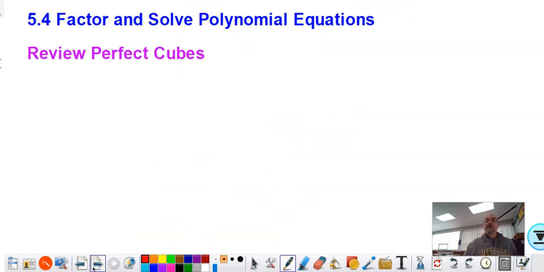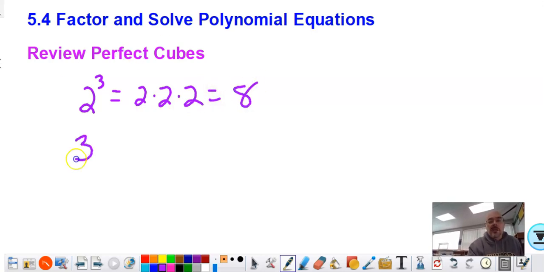Moving on. All right, we need to review some perfect cubes because we're going to be doing some perfect cubes here in a little bit. So let's start with 2 cubed. Remember, 2 cubed is 2 times 2 times 2, which is 8.